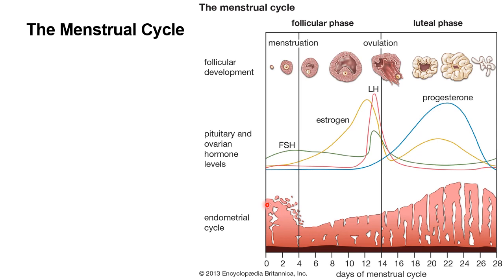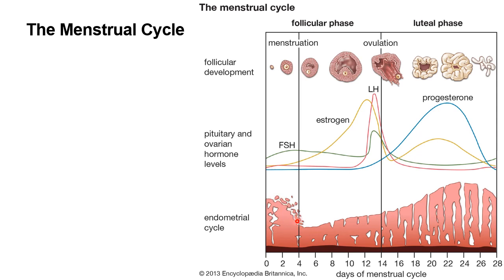And so the endometrium is being shed because there is a low level of estrogen and progesterone. As the endometrium, or the inner lining of the uterus, is being shed, that will manifest as menstrual bleeding. So, the menstrual bleeding lasts usually from day 0 to day 4, 5 days.